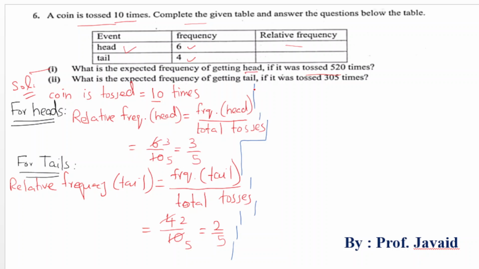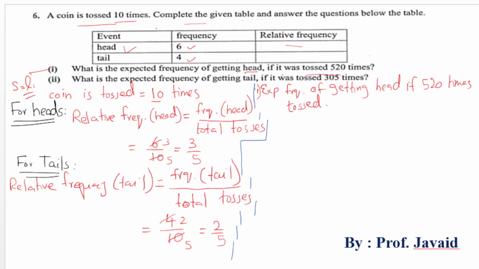I will write here: expected frequency of getting head if 520 times toss.